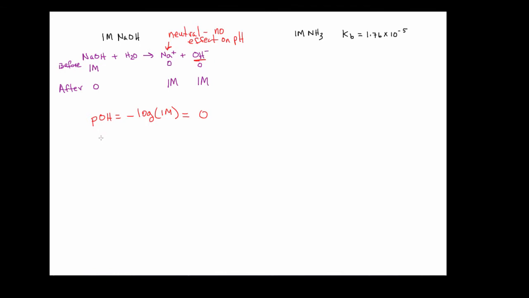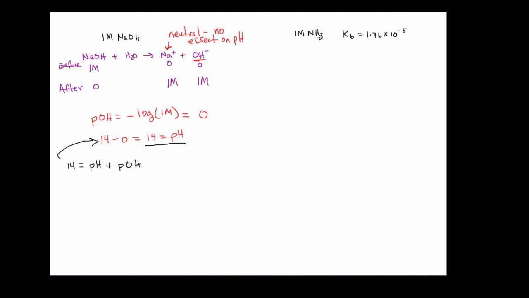To find the pH, we're going to take 14 and subtract 0 from it, so the pH of this solution is equal to 14. Okay, now if you're confused where the 14 came from, remember that 14 is equal to the sum of the pH plus pOH. All right, so that's where this came from.